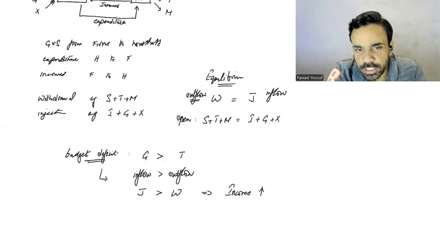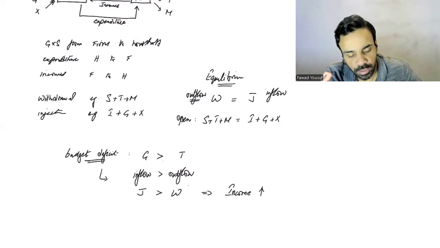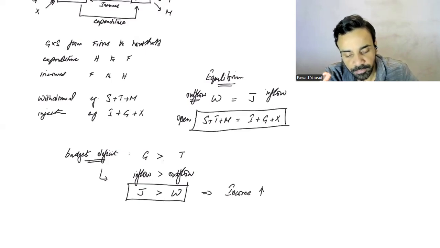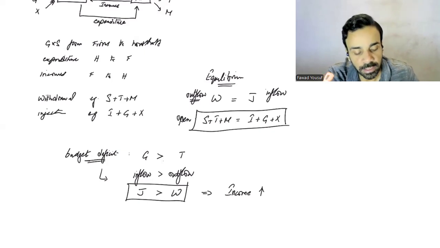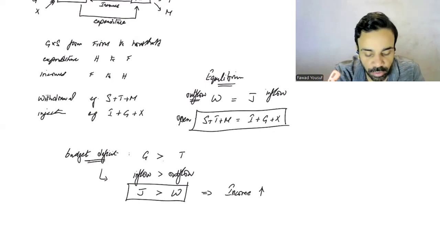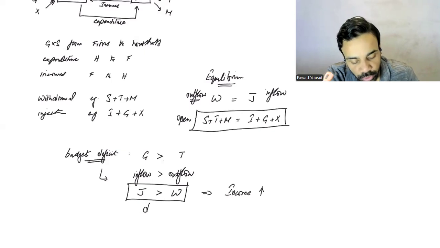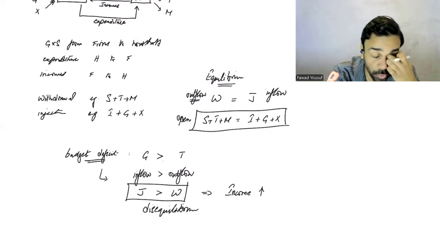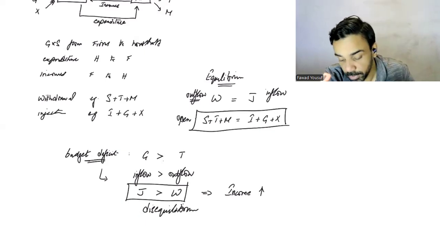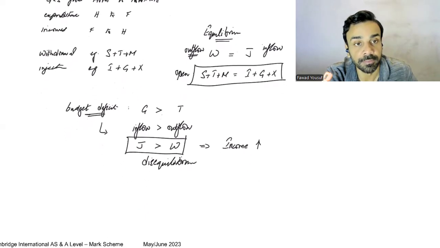So will it cause a disequilibrium? Of course, when they're not equal, क्योंकि ऊपर हम mention कर चुके हैं that equilibrium happens when the money going out is equal to money coming in. So if this is the scenario, then yes, we do have a disequilibrium where national income is going to rise. Okay, that's the first part.